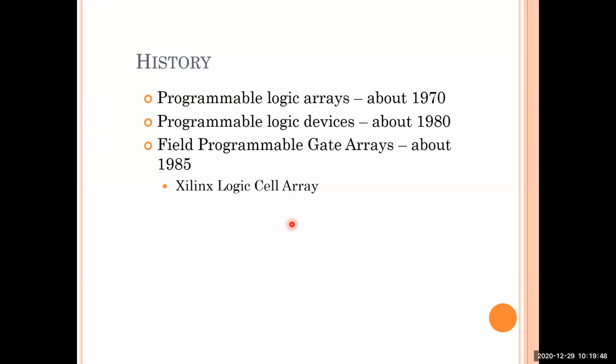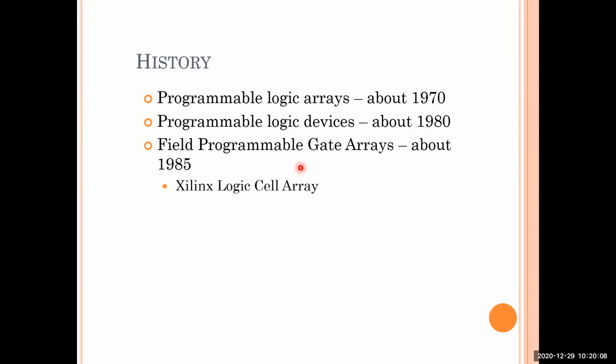History. If you see the history of programmable logic devices, first it was PLAs, programmable logic arrays, which were introduced in about the 1970s, and PLDs, programmable logic devices, were about the 1980s.